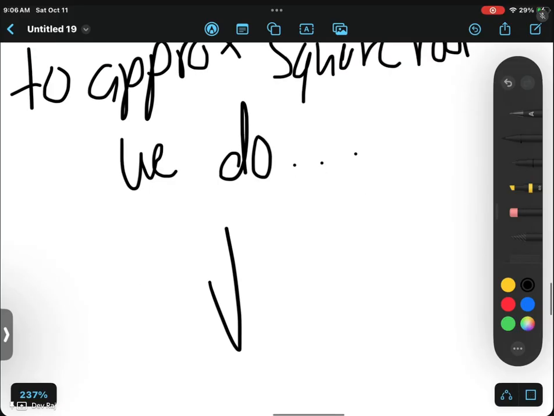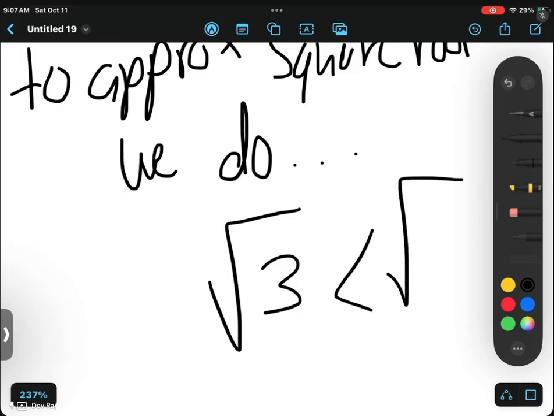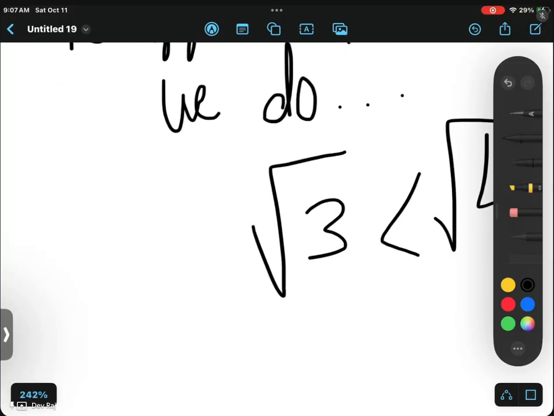What are some squares that we know are next to the square root of 3? One is bigger than that, and one is smaller than the square root of 3.